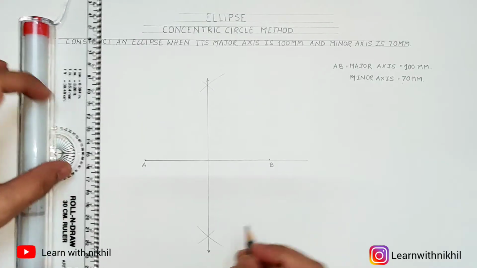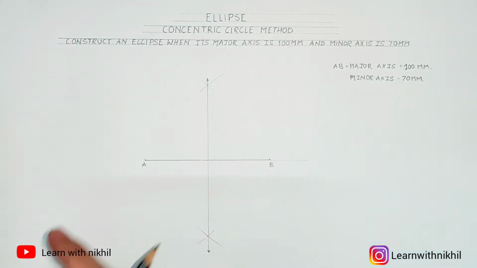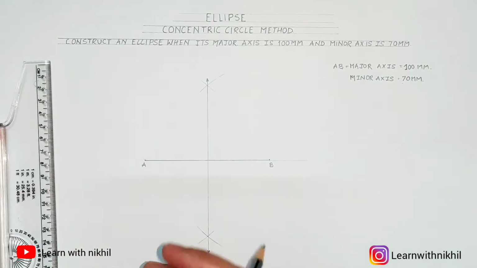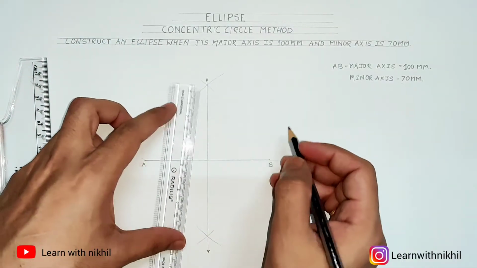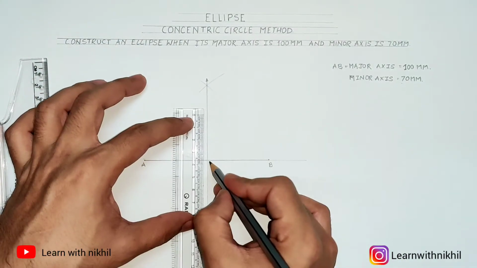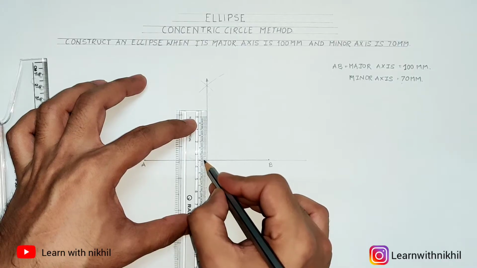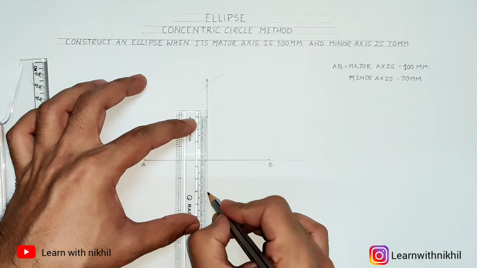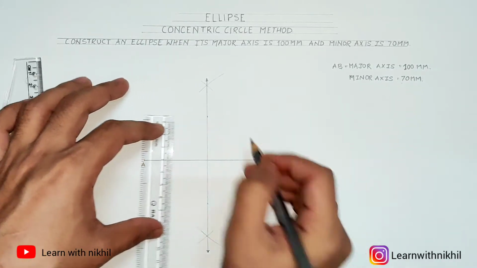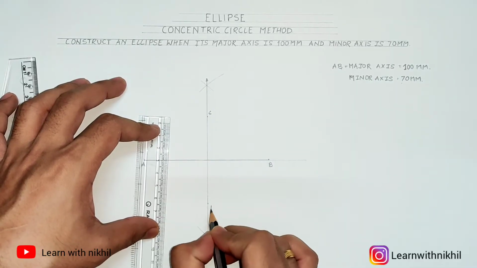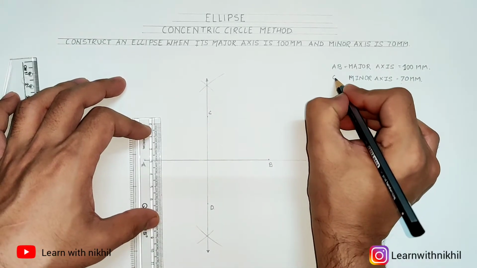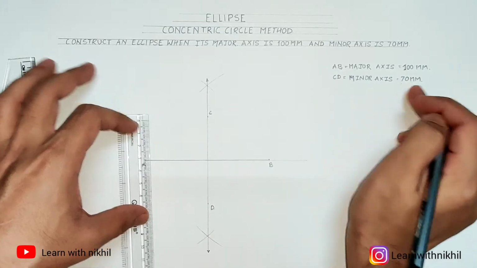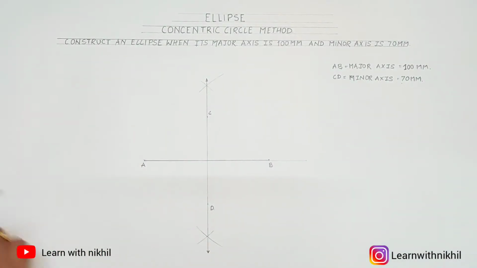Now marking of the minor axis, that is 70 millimeter. So from the center we will mark 3.5 centimeters or 35 millimeter above and 35 millimeter below. So the total distance, that is CD, will be equal to 70 millimeter and that is the minor axis.